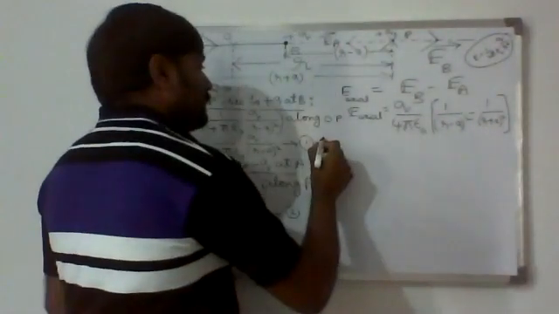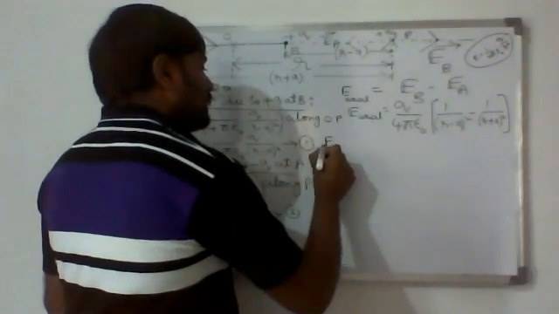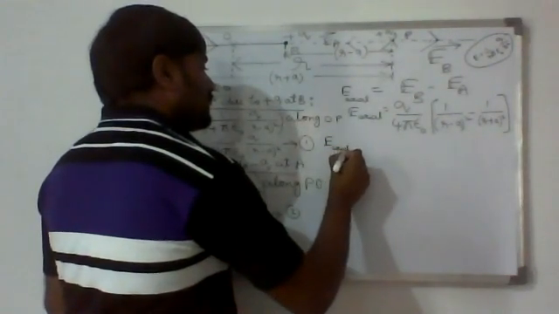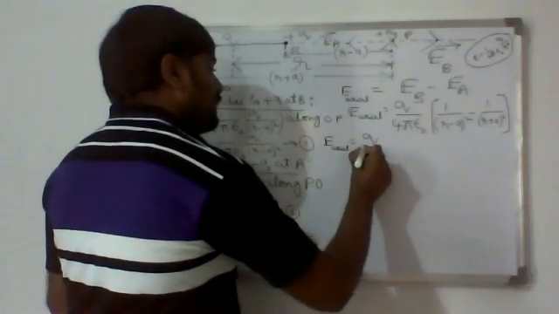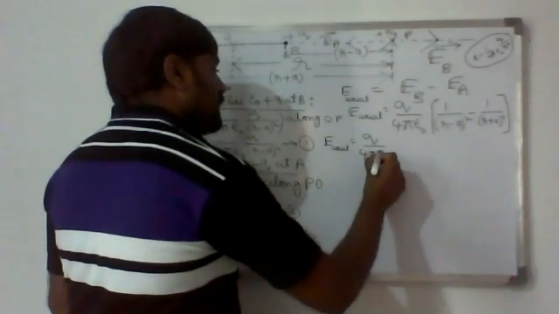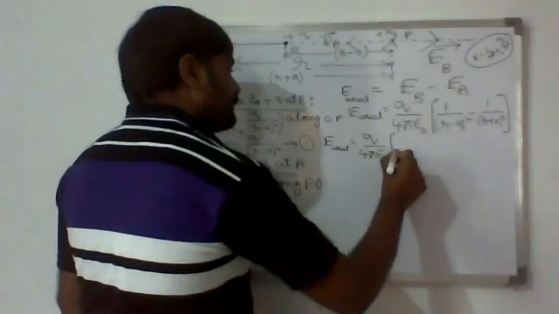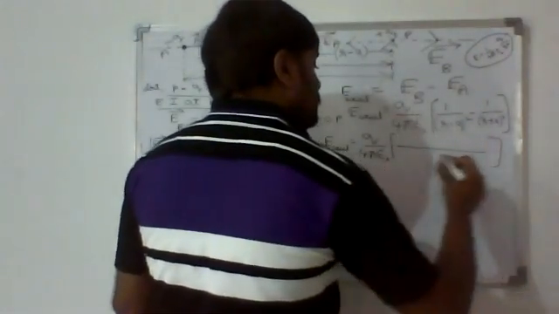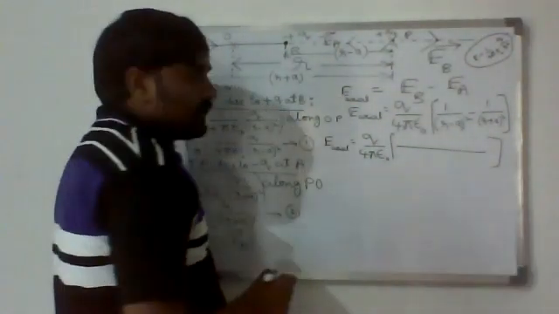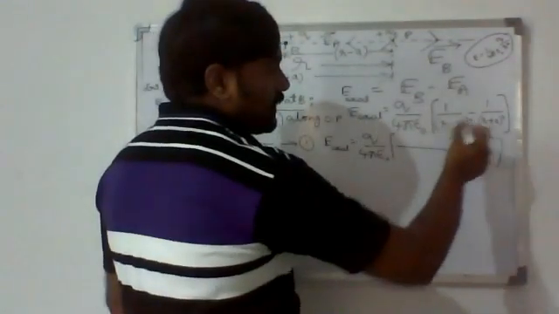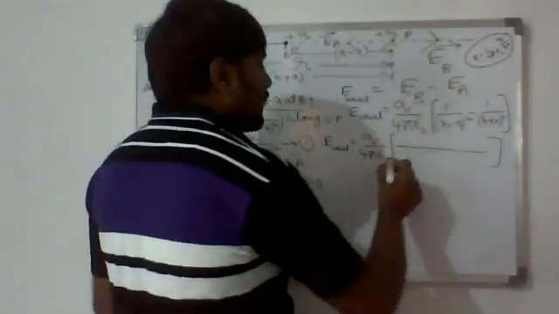Now the electric intensity at the point on the axial line is equal to Q divided by 4 pi epsilon naught. What is the LCM here? (R minus A) whole square into (R plus A) whole square.